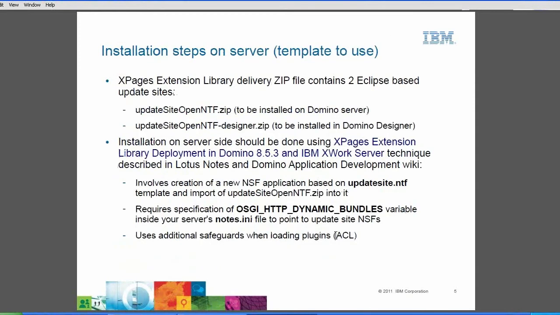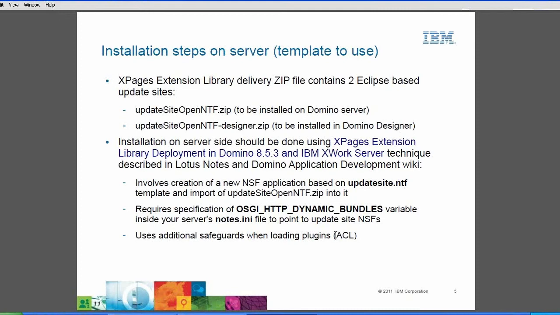So what should you do when you want to evaluate that XPages extension library both on the server side and on the client side? When you download that big zip file, inside it you will find another zip file. So you actually have two of them. One is called update site openntf.zip.